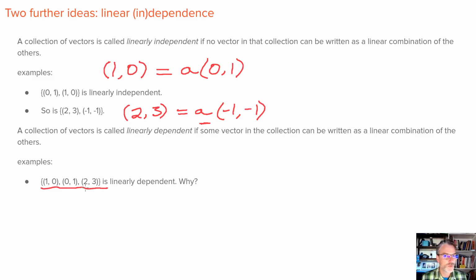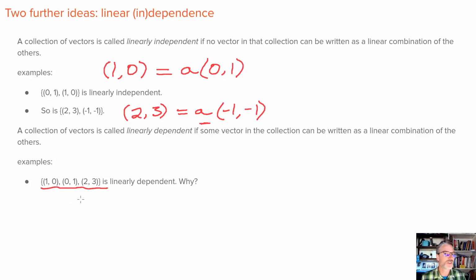You notice how in 2 dimensions you only need 2 vectors to determine any point in the space. You could use the vectors 1, 0 and 0, 1, for example, and that can write any other point in the space. So before I even answer this, I know that this needs to be necessarily a linearly dependent set.